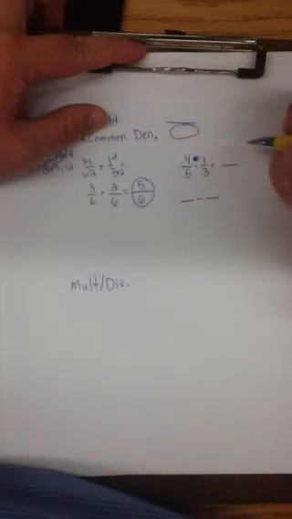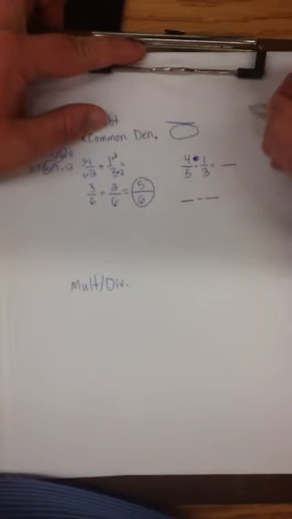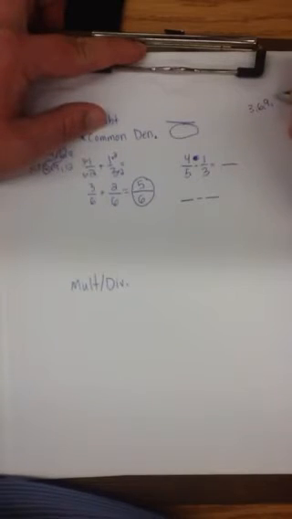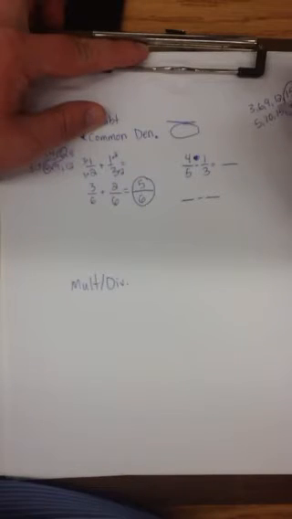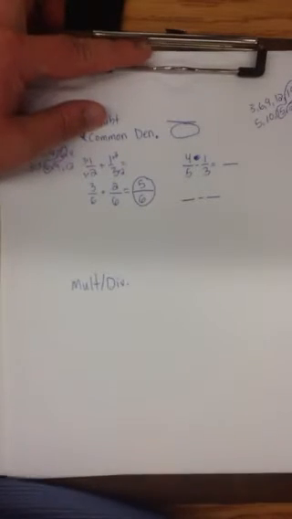If I list out the multiples of 3: 3, 6, 9, 12, 15, 18. Listing out the multiples of 5: 5, 10, 15, 20. And of course we see the common denominator right there.